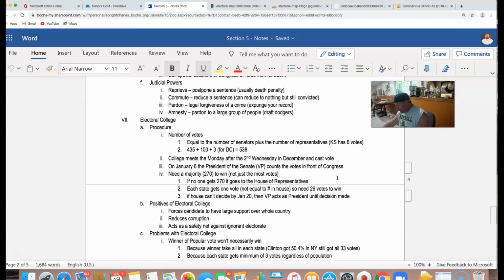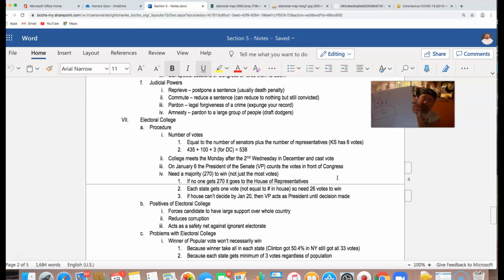So this is how it works. Kansas, we have 6 electoral college votes. Now, in the House, we have 4, plus 2 for the senators. These 4 House members, 3 of them are Republican, 1 is a Democrat. Kansas gets 1 vote in the House of Representatives, and obviously the 3 Republicans would outnumber the 1 Democrat, and Kansas, as a state, would have its 6 electors go to the Republican.